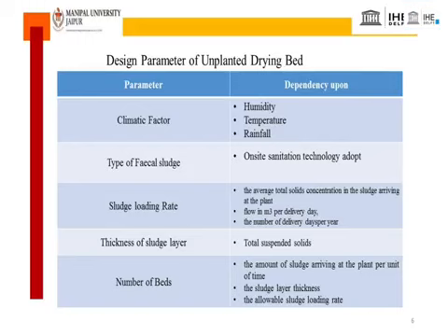The next thing which we have to emphasize while planning a fecal sludge treatment plant is which technology to adopt. The technology to be adopted depends upon the following parameters: climatic factor, type of fecal sludge, sludge loading rate, thickness of the sludge layer and number of beds. These parameters are subdivided by the factors on which they depend.